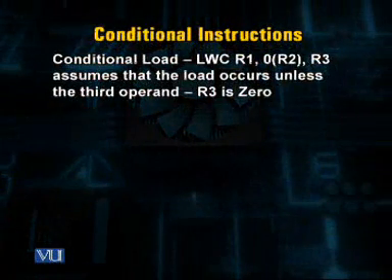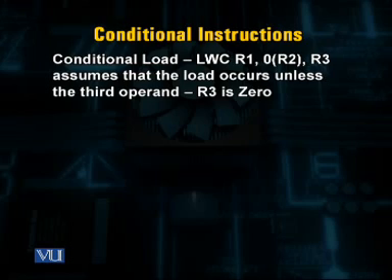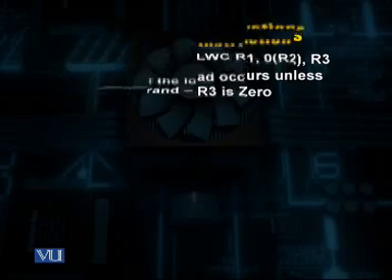The other example can be that of a conditional load instruction. A conditional load instruction can be written as load word conditional, which is LWC, followed by the register where the data is to be loaded and the memory location, which is 0(R2) in this case, that is the offset value given in register R2, and the corresponding memory address.